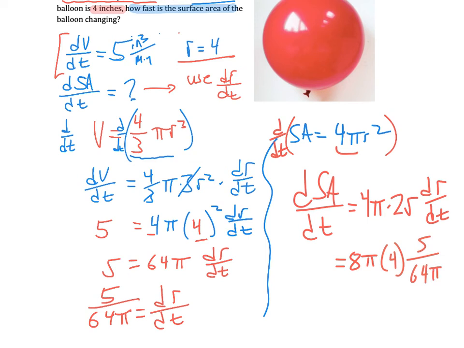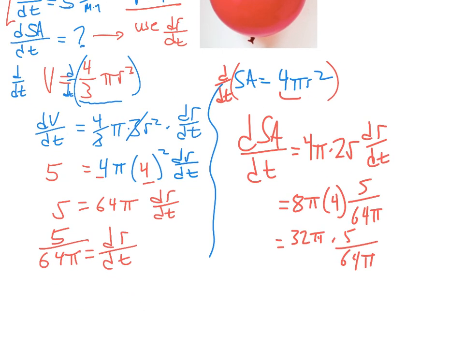So we're just substituting dr/dt in there. 4 times 8 is 32, so this is 32 pi times 5 over 64 pi. Some canceling going on here, and that leaves us with pi goes away, 32 goes away, leaving 2.